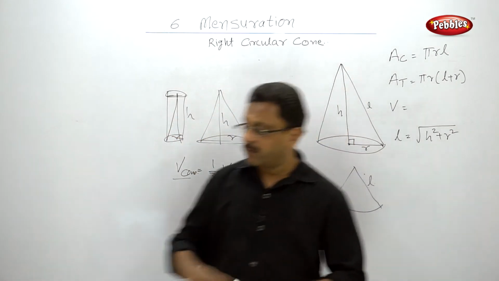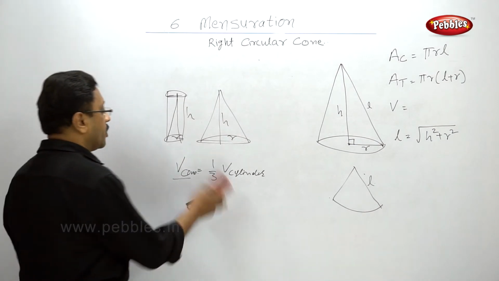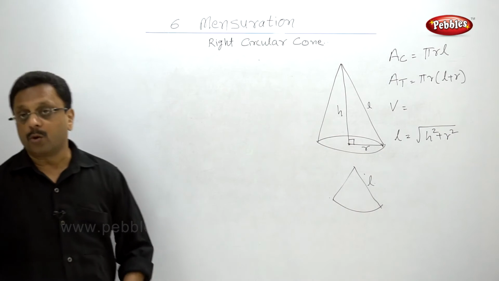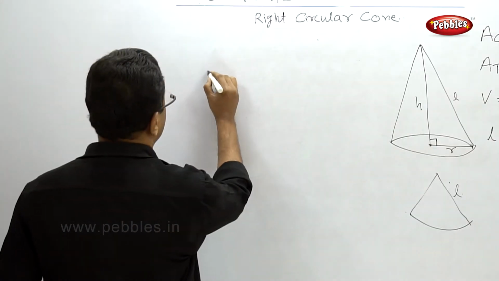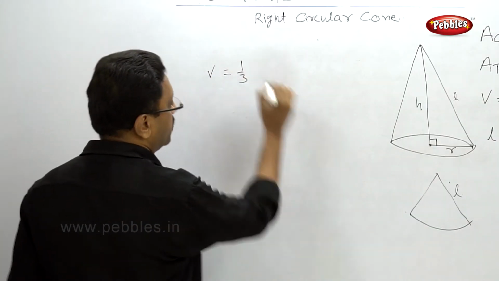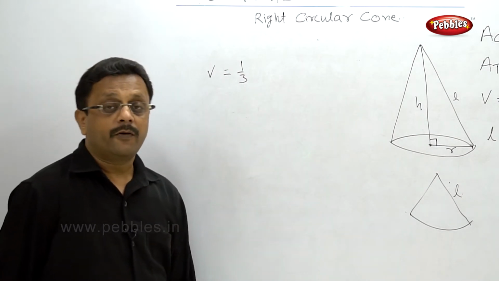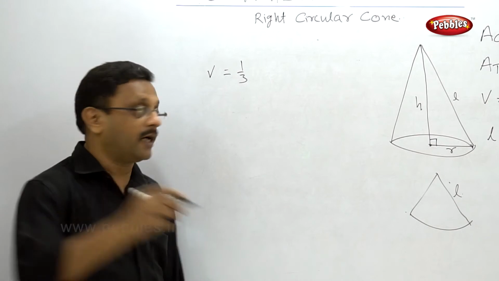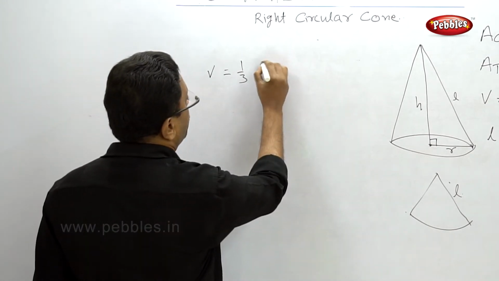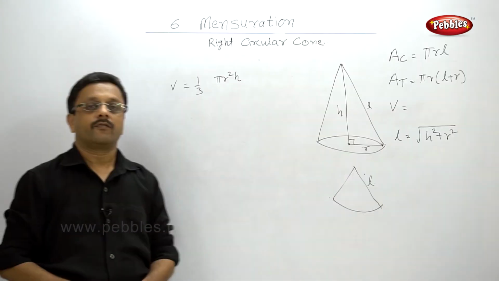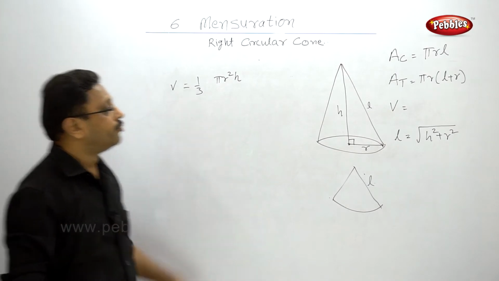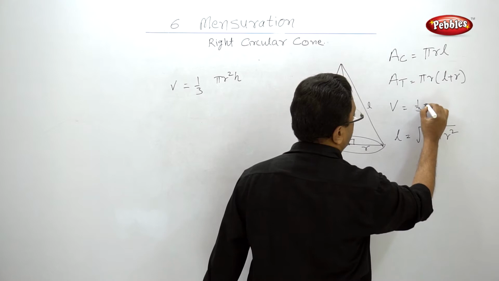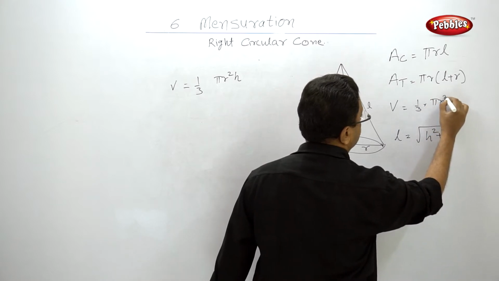So let us find out the final formula for the volume of the cone. This volume is equal to 1/3 of the volume of the right circular cylinder of the same radius and same height, that is pi r square h. So we have volume is equal to 1/3 into pi r square h.